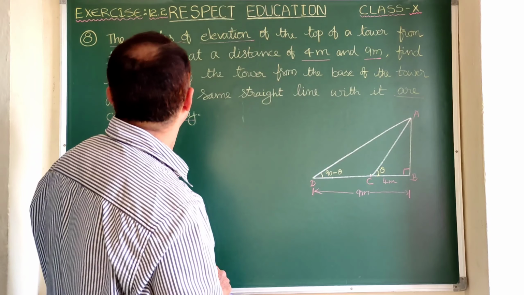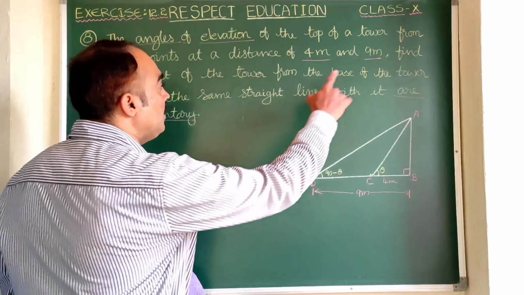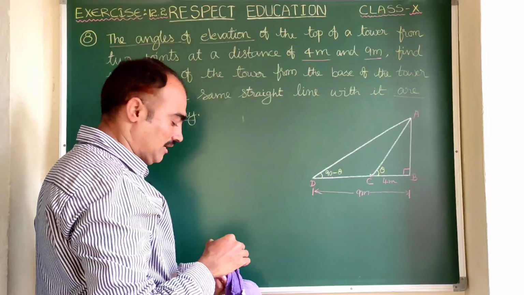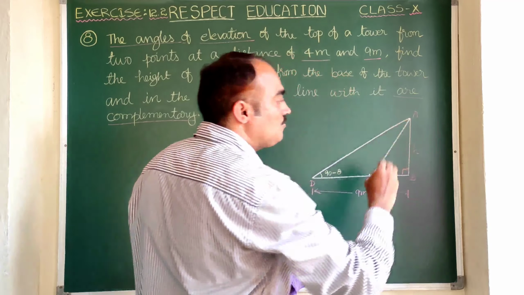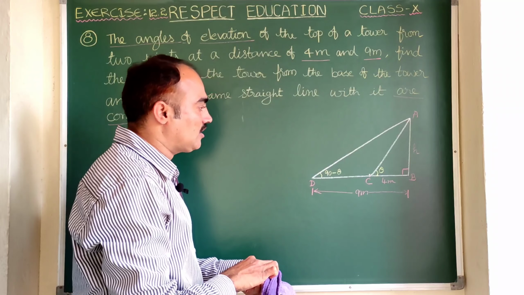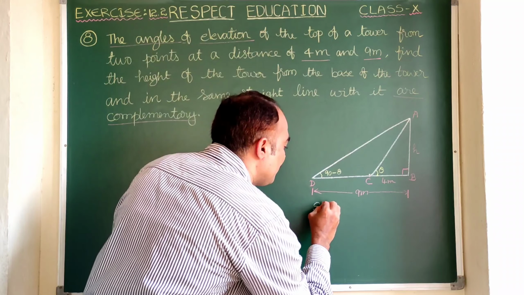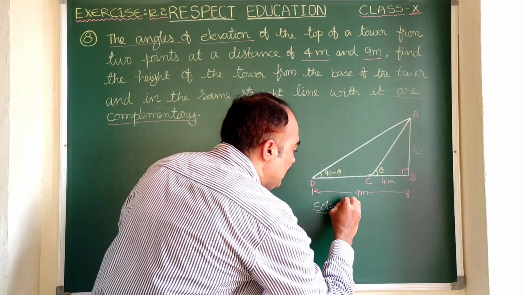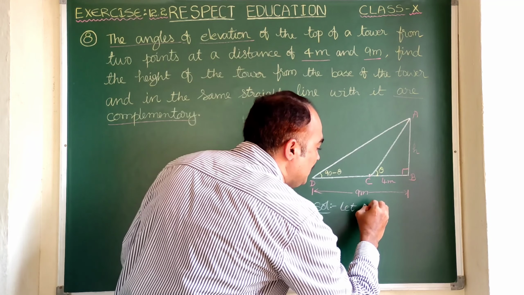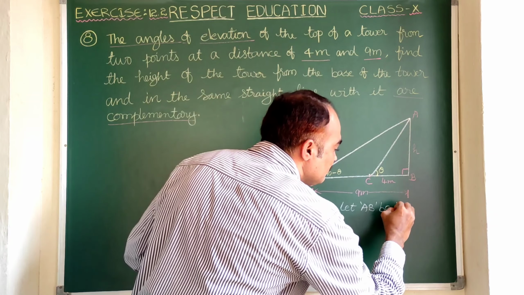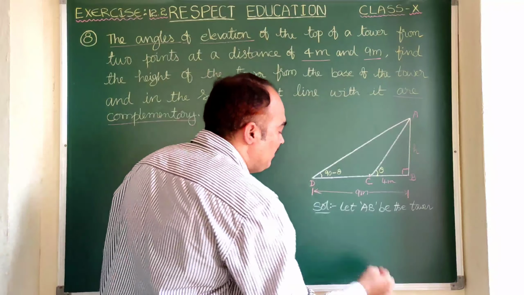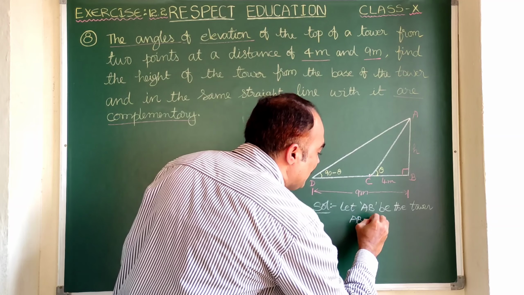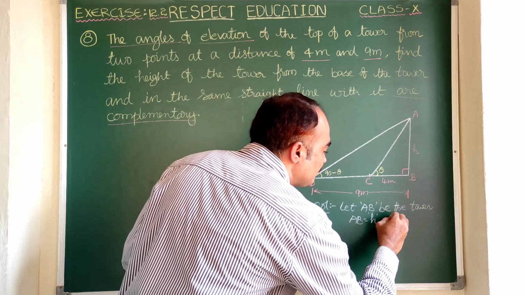Now what is there to find? Find the height of the tower. So let us take the height of the tower as h. Now we are asked to find h. Now let us start solving this problem. Let AB be the tower, or we can say it is the height of the tower, whereas let us consider AB as some h meters.